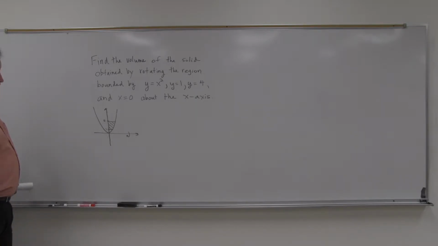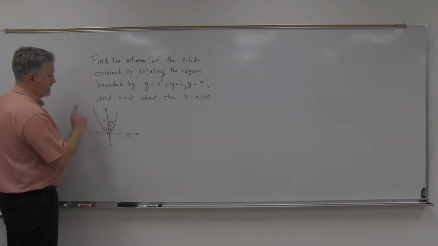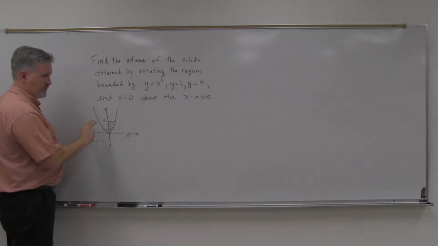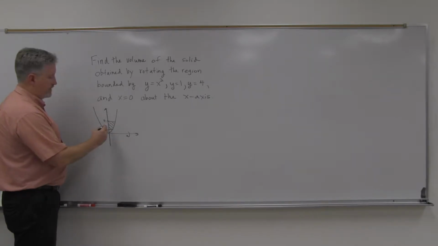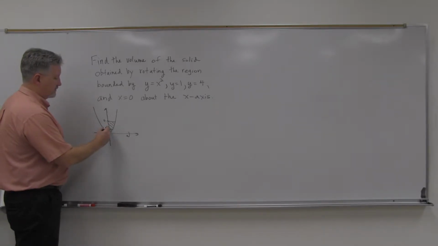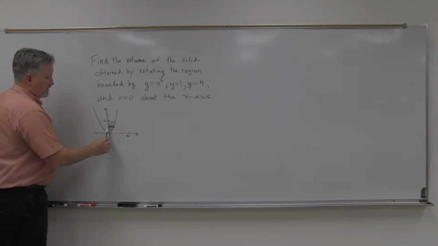All right, well, hopefully here you would look at our typical rectangle, which helps us decide which way we want to integrate. The typical rectangle we would want is horizontal. I'd want to take the typical rectangle like this because that way I'm only going between the y-axis and the curve here.